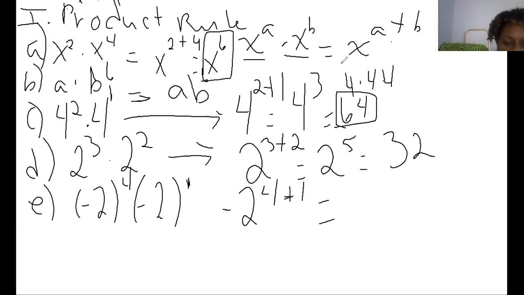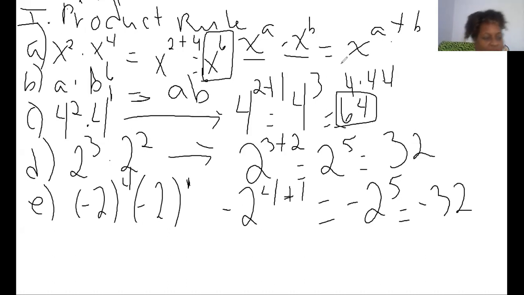So negative 2 to the fourth plus 1 will become negative 2 to the fifth power. There, once again, I will multiply negative 2 out to the fifth power, and this time it'll be negative 32. Final answer.